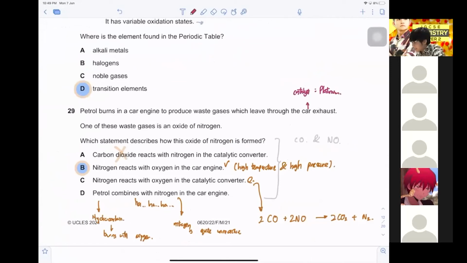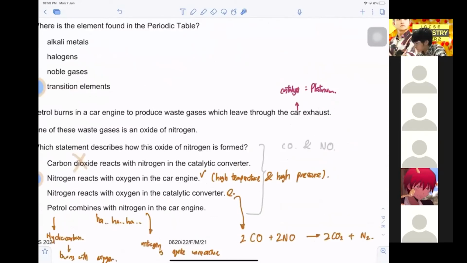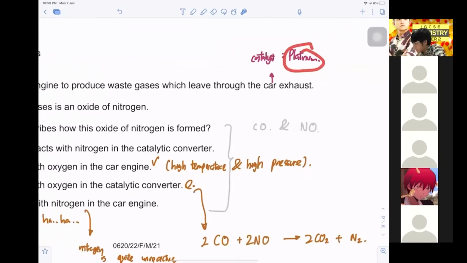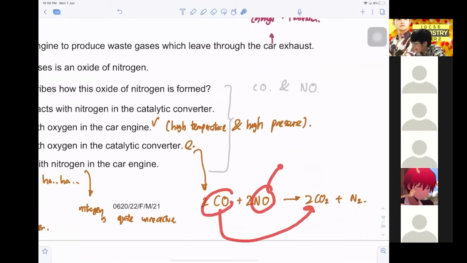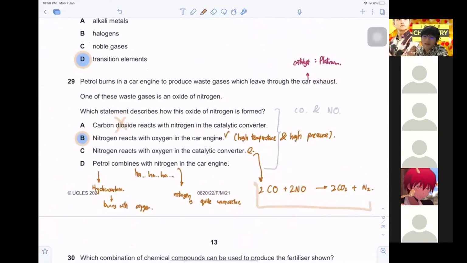Have you watched Floyd Logan? No, haven't. Okay, so inside there's platinum, and platinum will catalyze this reaction. Basically, carbon monoxide is converted into carbon dioxide, and nitrogen oxide is converted to nitrogen gas. You just need to remember this equation. By the way, your paper 4 is over, so it's okay if you don't remember it, because they won't ask you to write it anyway.